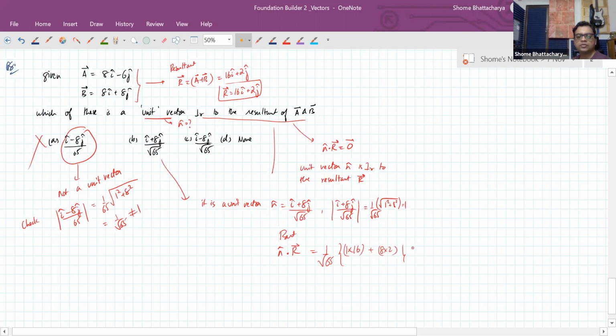So that is not 0. Therefore n cap is not perpendicular to the resultant, so this is also ruled out.